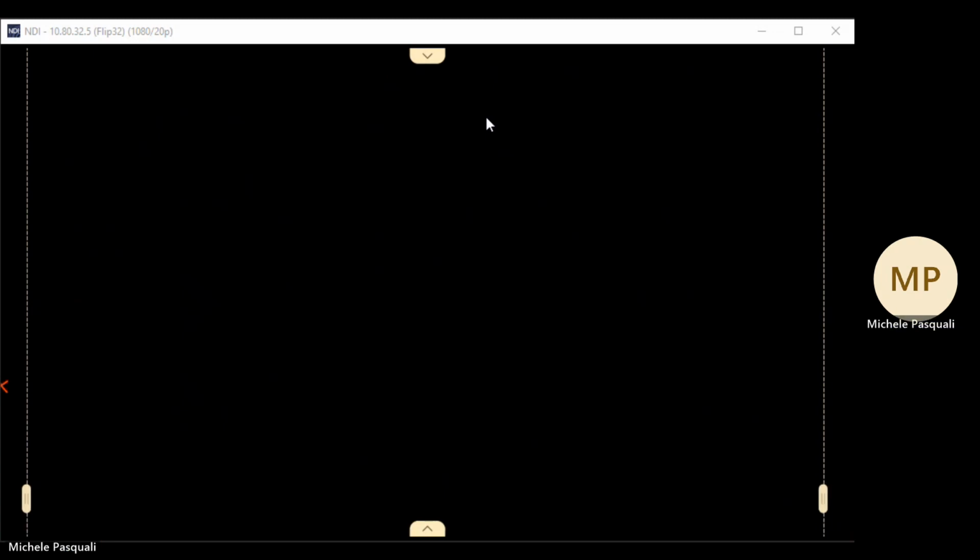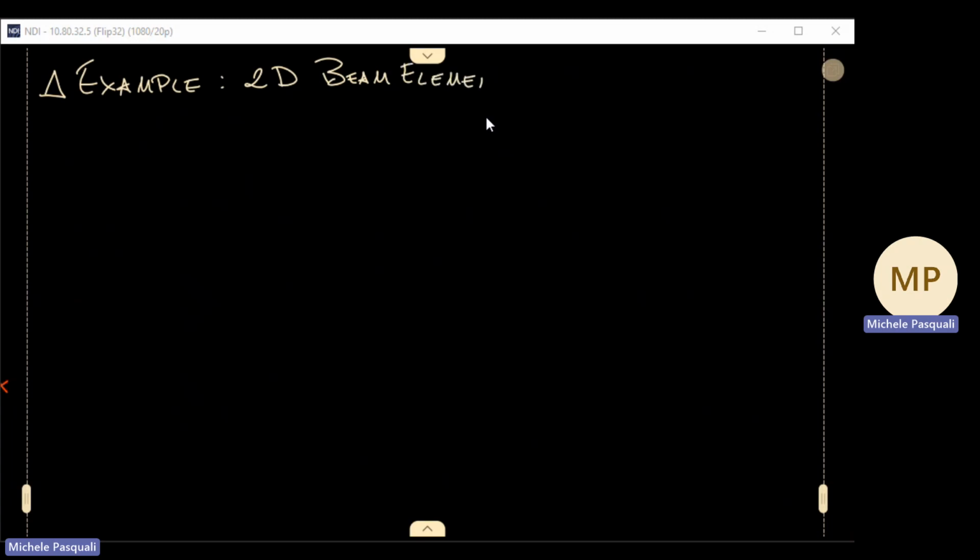So let's dive into this example. It's a 2D beam element. What we want is to derive the mass matrix and the structural matrix for the element.